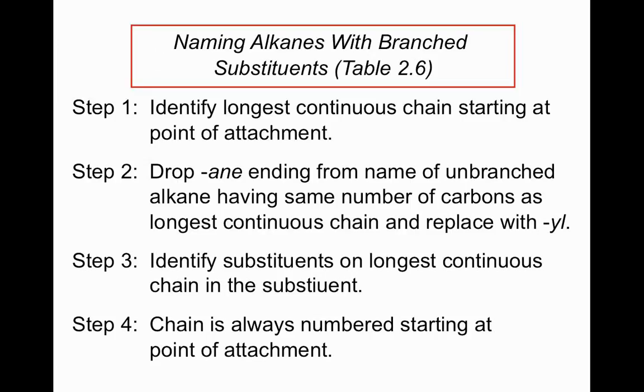So the IUPAC system for naming branched alkanes includes the 4 rules that are listed here. Basically, you're creating a unique IUPAC name for the substituent as if it were its own separate base compound. You would then append the name for this substituent to the basis of the parent chain it is attached to.